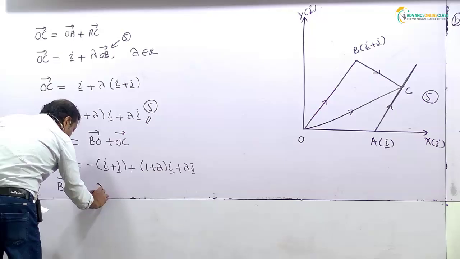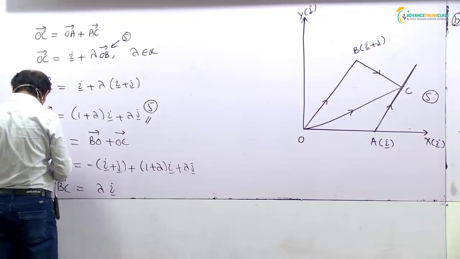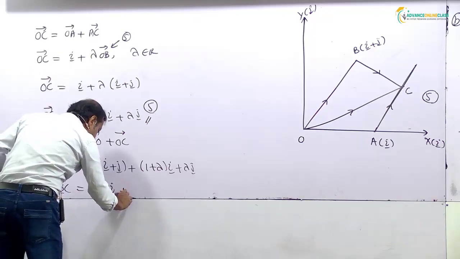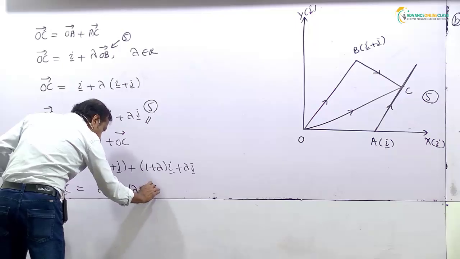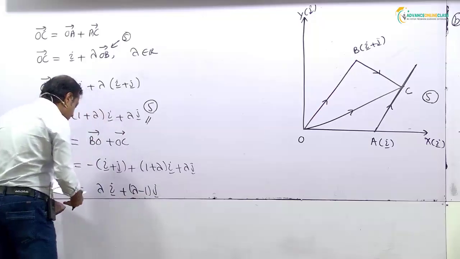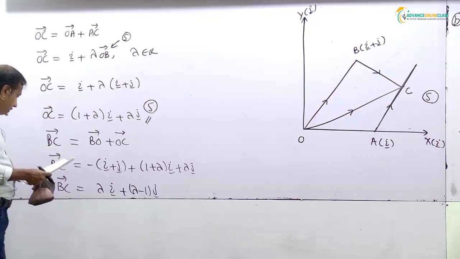This way, lambda I plus lambda minus 1 J. That simple thing. Taking I vectors together and J vectors separately together. Okay. For these, 5 marks.